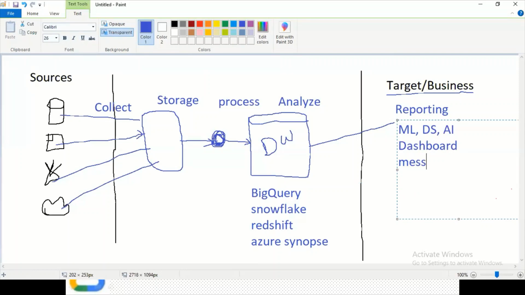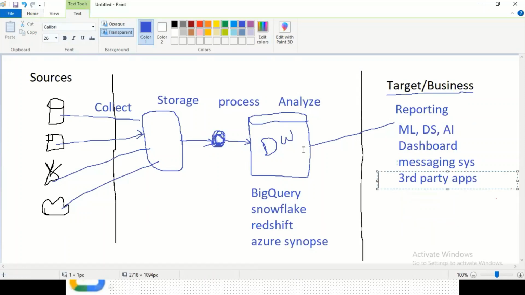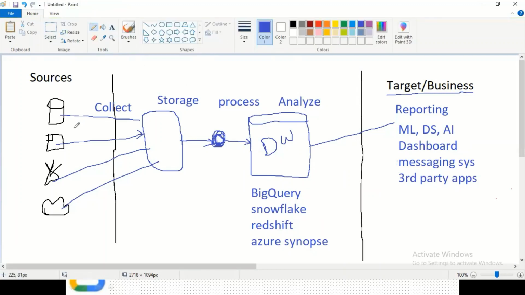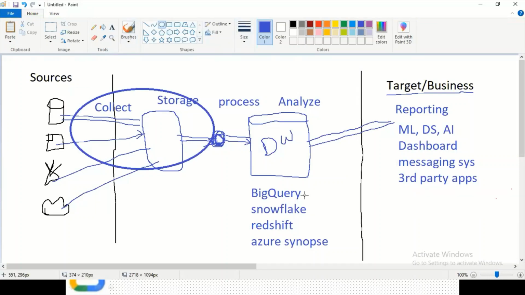Messaging systems, third-party applications, all these people are looking for the data, which the data engineer builds through a data pipeline like this. Understand, guys? As a data engineer, you are going to work from here to here.